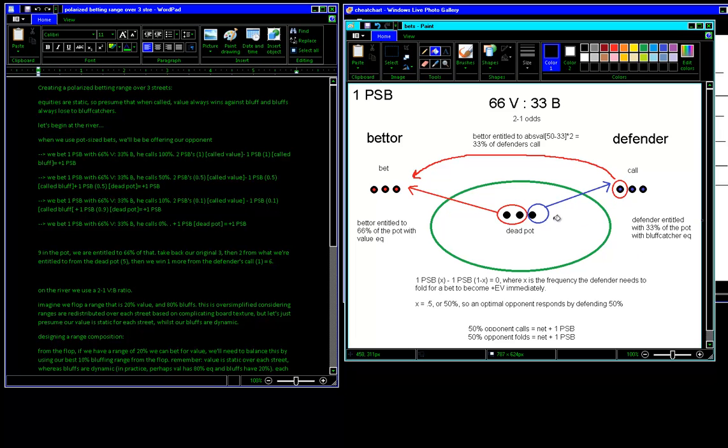So, in theory, against an optimal opponent, and keep in mind that at this stage of the game's evolution, hardly anyone is playing anywhere near optimal. I think that's a recent development as people are beginning to explore the field of theory a little more, broadening the topic.